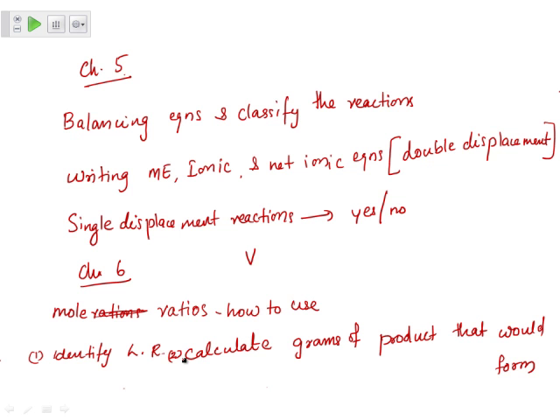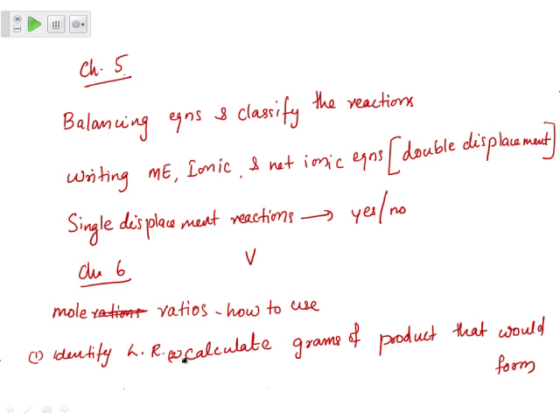Okay? So how do we calculate the limiting reactant? Whatever the number is times the mole ratio. You pick up the first reactant, whatever number of moles you have, then calculate how many moles of the other reactant you will need.